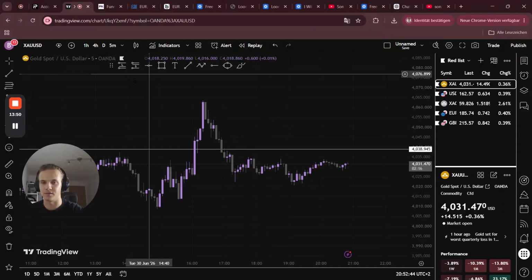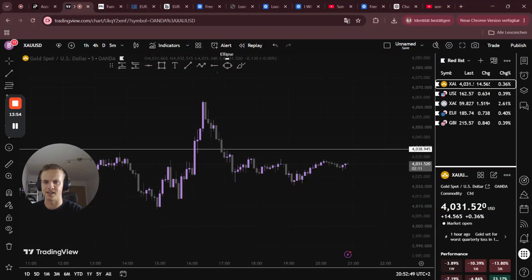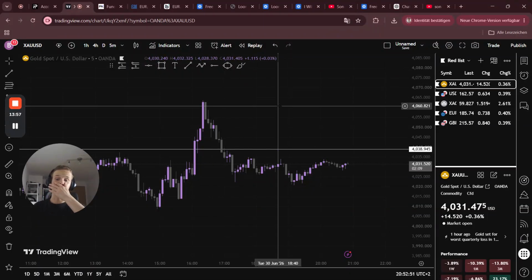This is good on TradingView because it has all these different things you can draw. That's good. But for my entries and my analysis during my trading session, I only use MetaTrader. I will make a video solely on MetaTrader, how to analyze on MetaTrader, how that works, and show you that it's really efficient.